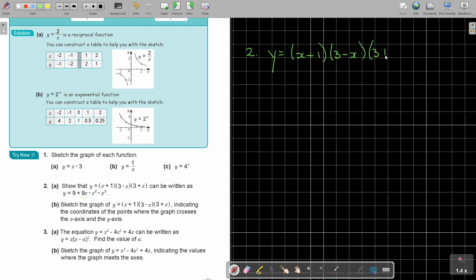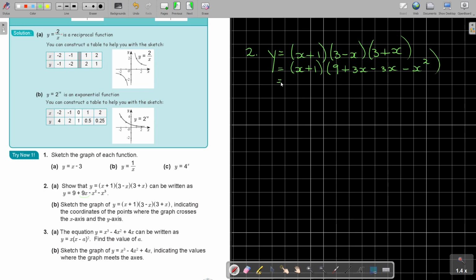We're just going to multiply out the brackets, and that's easy. We can first rewrite the first one, and then first multiply out the last two. So 3 times 3, that's 9. 3 times x is 3x, minus 3x, minus x squared.